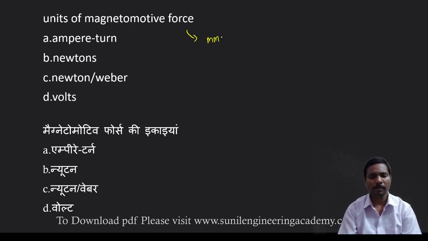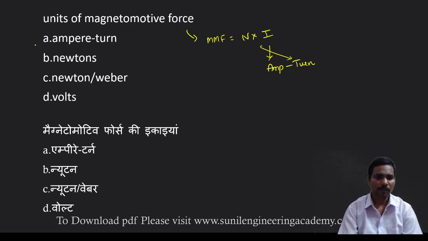Electromotive force, volts. Magnetomotive force, mmf. mmf is nothing but number of turns into current. Current is amperes, n is per turn.